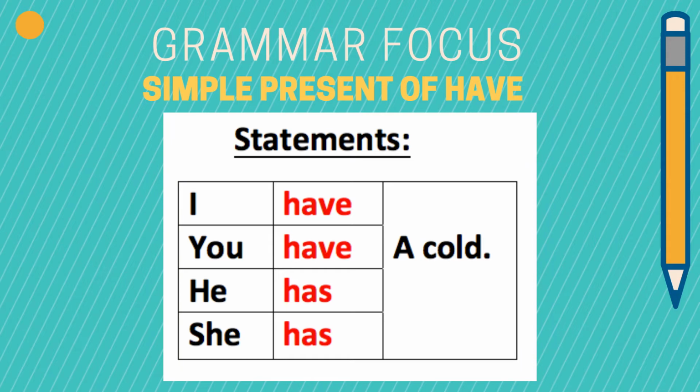Then we can use any of the vocabulary words that we learned in the first lesson to make a statement. For example, I have a cold. You have a cold. He has a cold. She has a cold.